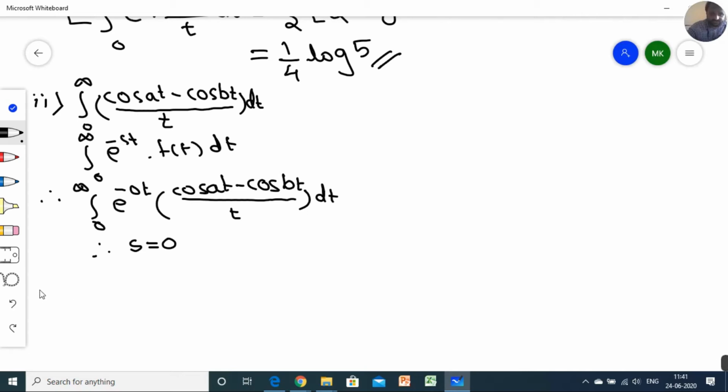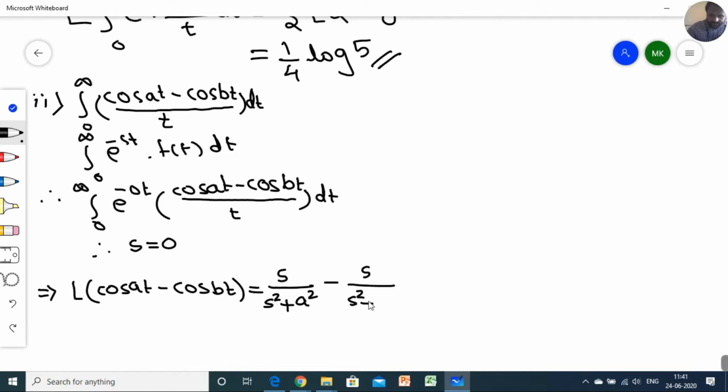So first, we have to calculate Laplace of cos of at minus cos of bt, which is equal to, so Laplace of cos of at is very simple, that is s upon s square plus a square minus s upon s square plus b square.